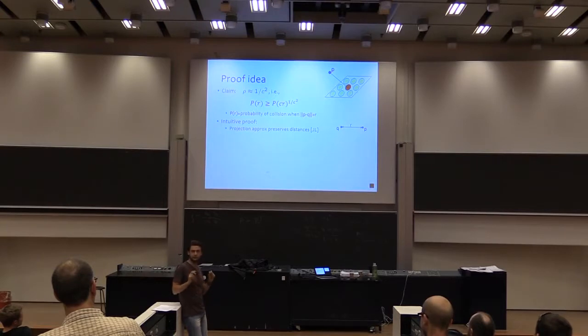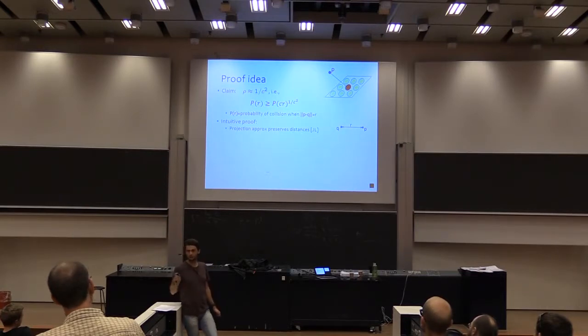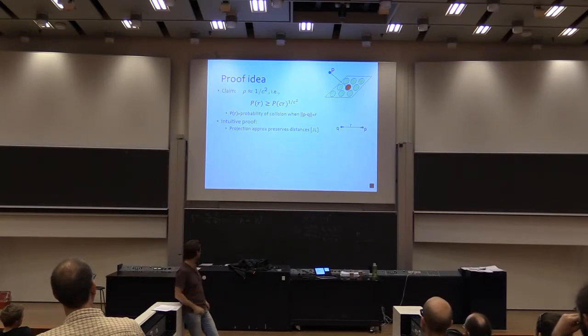Here we really care about just two points. This is how the LSH analysis works: what is the probability of collision of two points? In some sense we care only about two points. This is not completely accurate, but intuitively it is true. So it is okay to reduce to a high dimension T, but constant. This will preserve the distances between P and Q approximately.